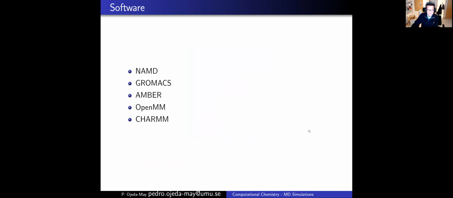So, software for molecular dynamics: I always find new software. When I think that I have seen most of them, I find one more in the literature. And this is quite good because this field is very robust. Here, for instance, we find NAMD, GROMACS, AMBER, OpenMM, CHARMM.